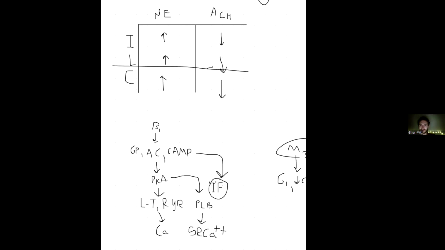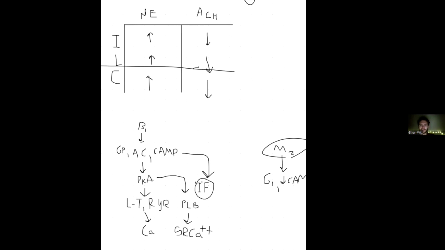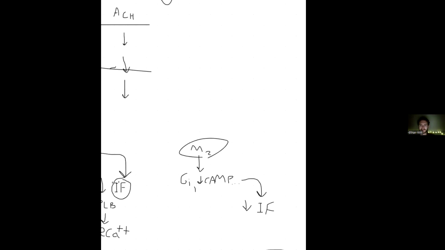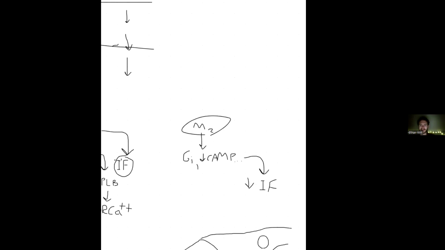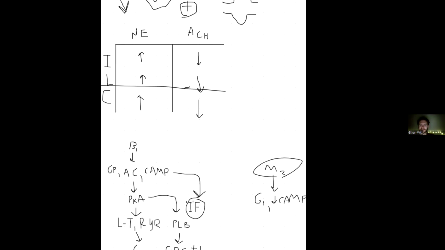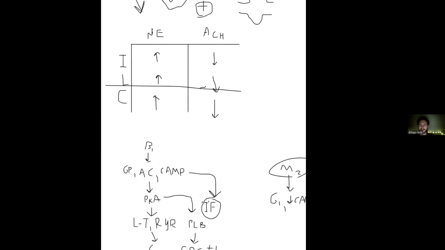So relaxation, going back to resting membrane potential, actually has more of a negligible effect, but we can see how that would have an impact on chronotropy, lower heart rate overall.